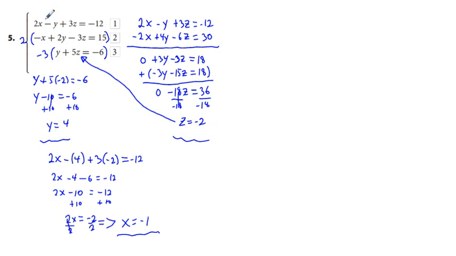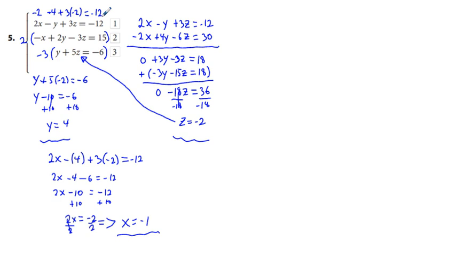And we can test this out quickly here. So if we have 2 times negative 1, that's going to be negative 2 minus y, so minus 4 plus 3 times negative 2, so negative 2 minus 4 minus 6 equals negative 12.